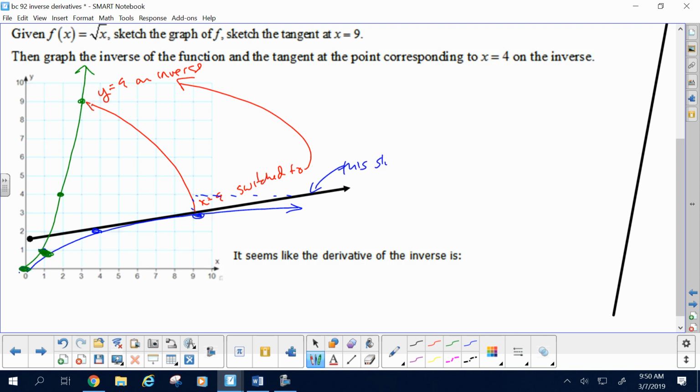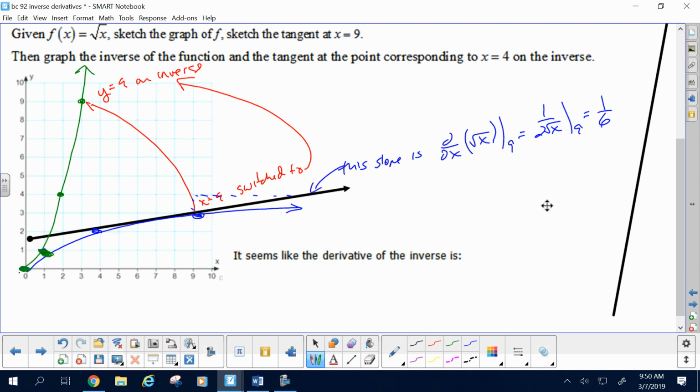What's the slope at 9? It is 1 over... 1/6. Yeah. All right. So the slope is 1/6 then.